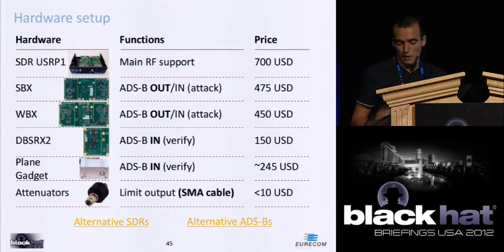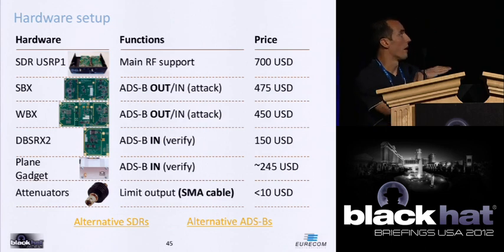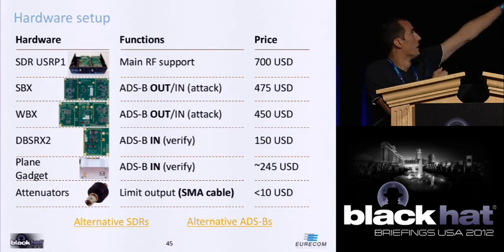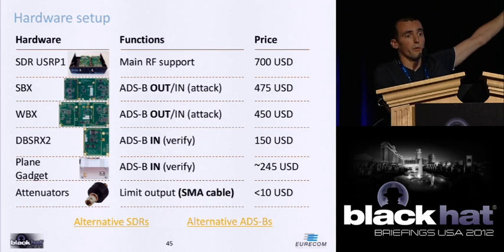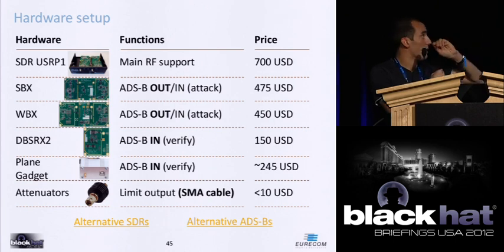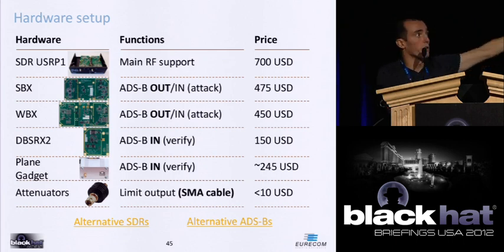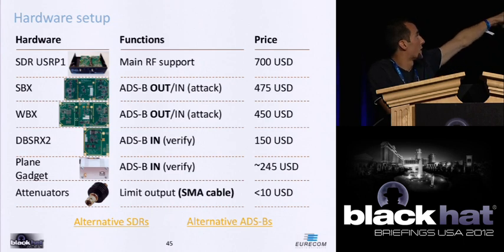Okay, so I'll be closing with the demo. This is the hardware setup used for generating this demo. The demo is still not quite stable, but the proof of concept is there. The idea is that an attacker has a software-defined radio, a USRP1 in our case, which is very well known. We need the 1090 megahertz frequency, which is covered by SBX or WBX daughter boards.